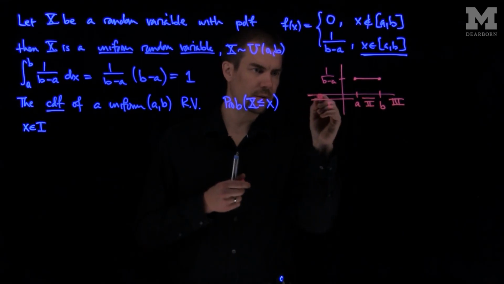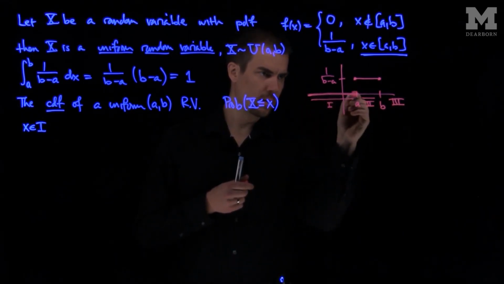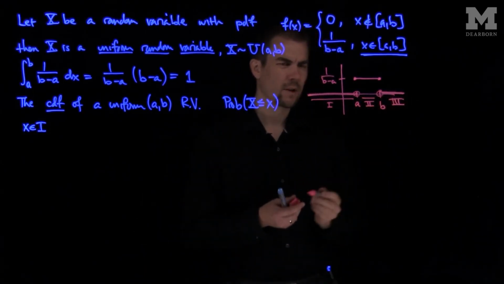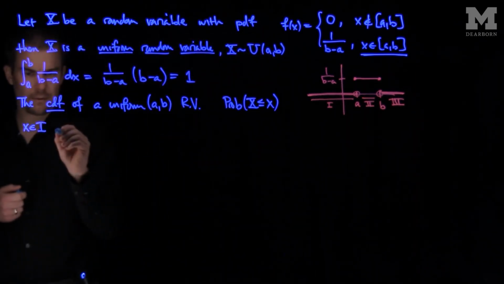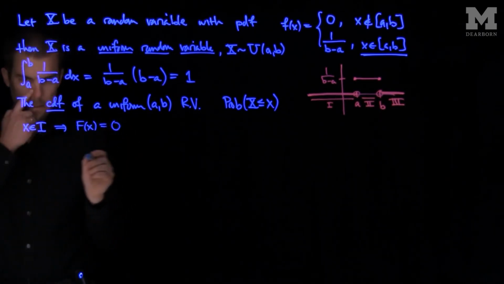So you're 0 over here, and you jump up, then you jump down, and you're 0 over here. So if you're in that first range, the PDF is 0, which implies that F of x will just be 0.